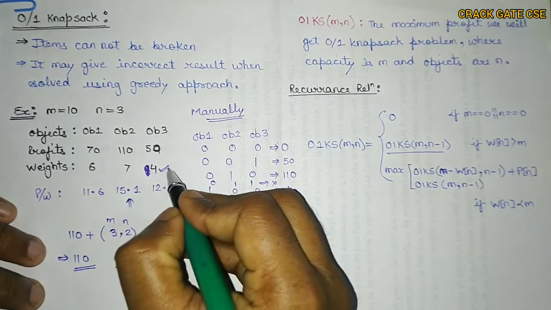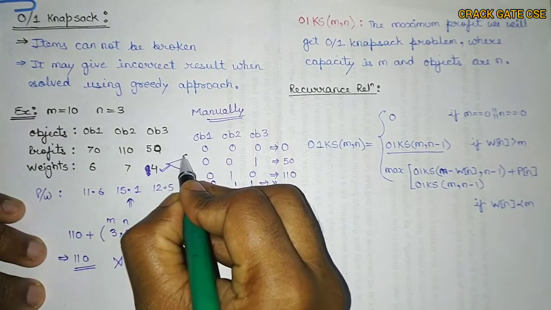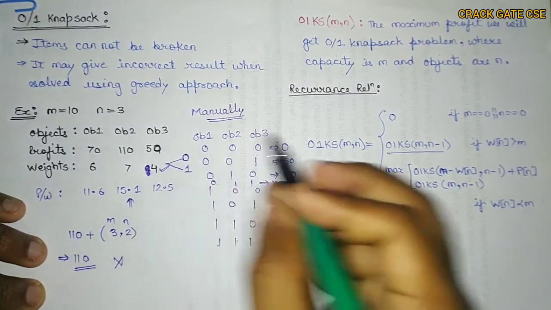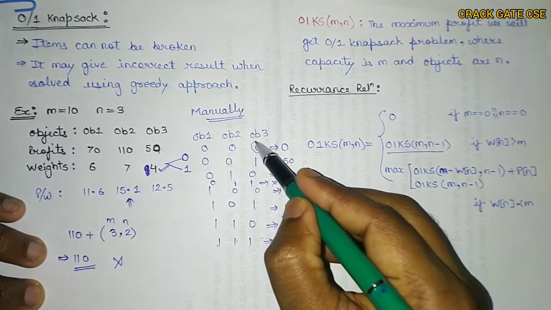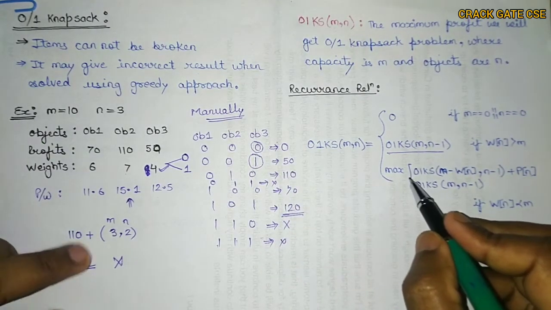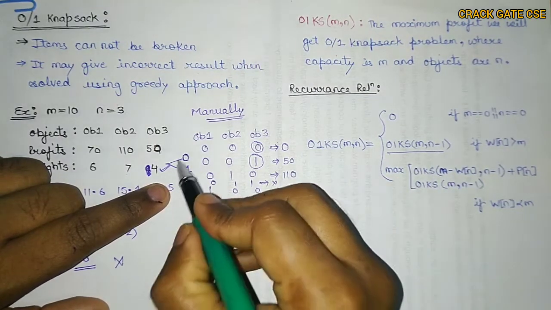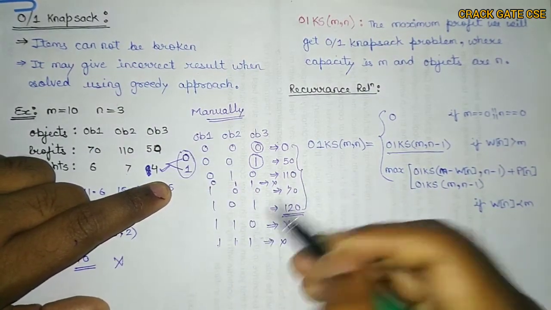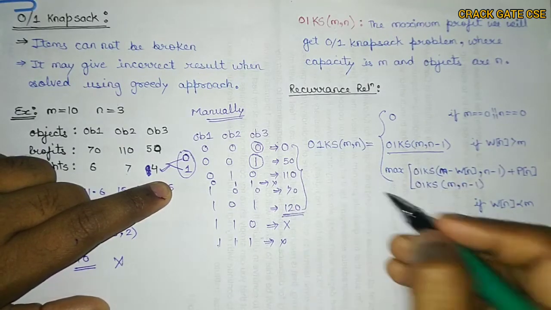So in one case I will leave it, and in the other case I will take it. Like you can see here, in some cases I left it, in some cases I took it. Here we take the maximum of the two, because we want the maximum profit, like here we took the maximum, that is 120.